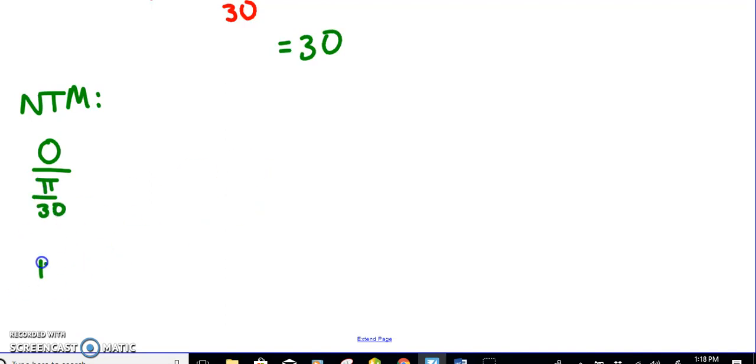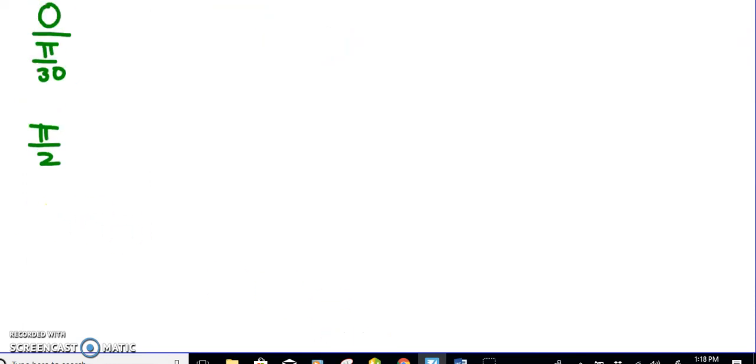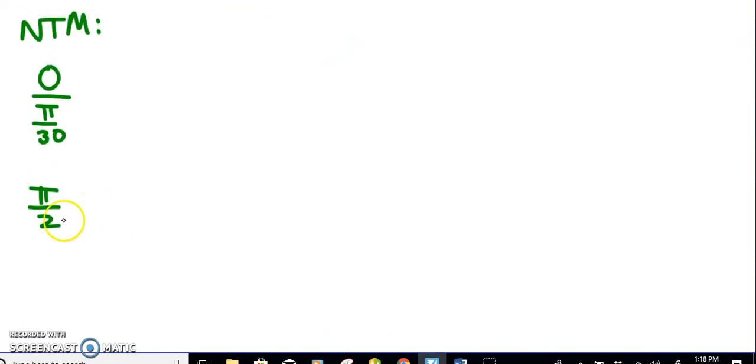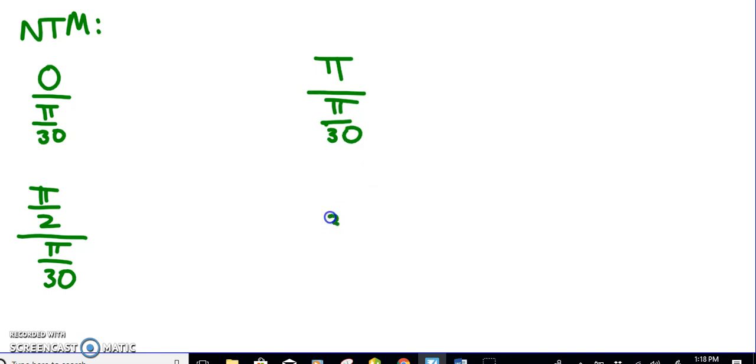I'm going to do this vertically so that we can see it a little easier. Again, we're going to do keep, change, flip. Everything's going to be about the same as we had before. Well, not the same, but same idea, same concept.